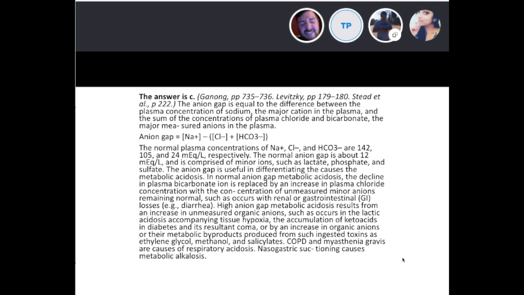No. Okay, but high anion gap metabolic acidosis results from an increase in unmeasured organic ions. COPD and myasthenia gravis are causes of respiratory acidosis. So wait, are they assuming that this person has lactic acidosis? Nothing here makes any sense.